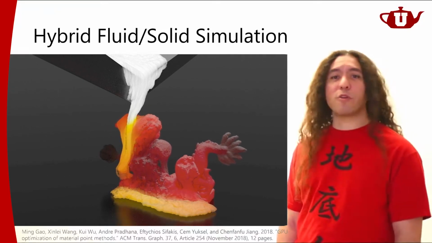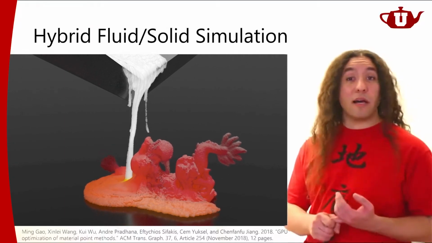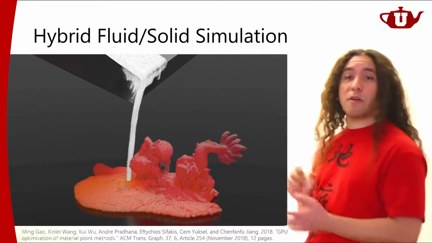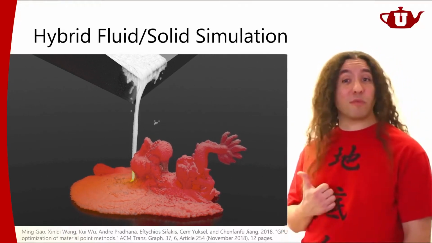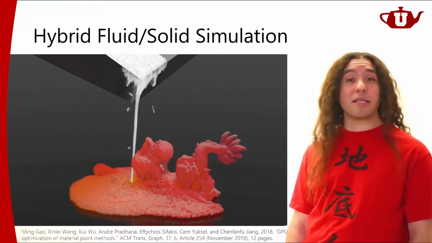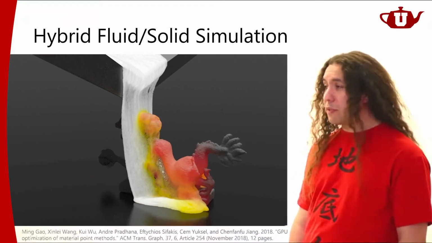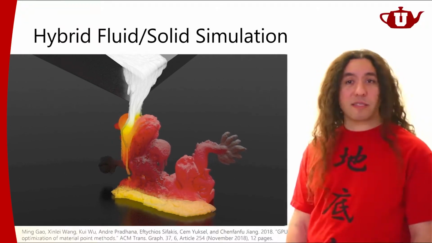And it can be used for all sorts of different things. The material point method can be used for simulating fluids, these gooey type objects, and deformable solids. It's being used for simulating all sorts of different types of objects. So yeah, it's a very versatile simulation system.